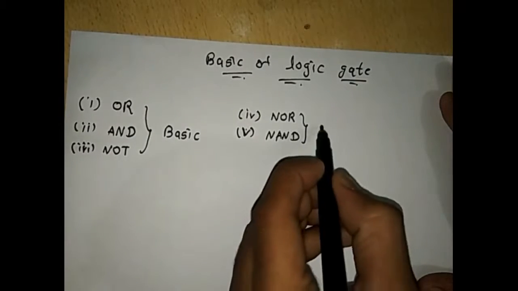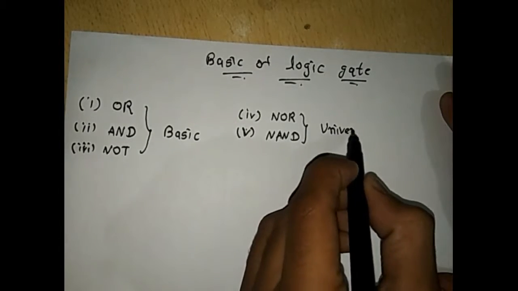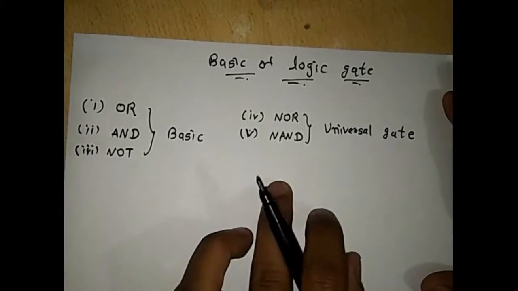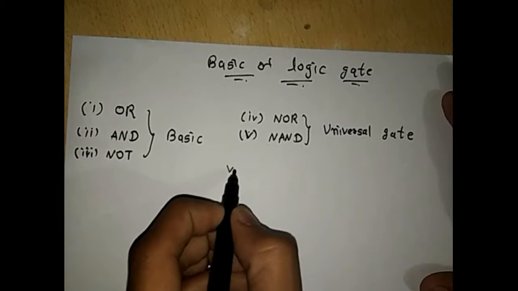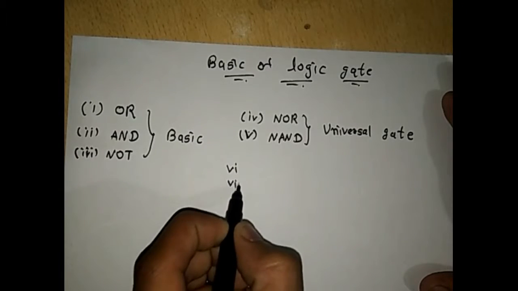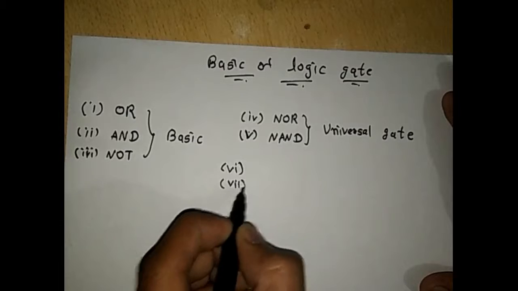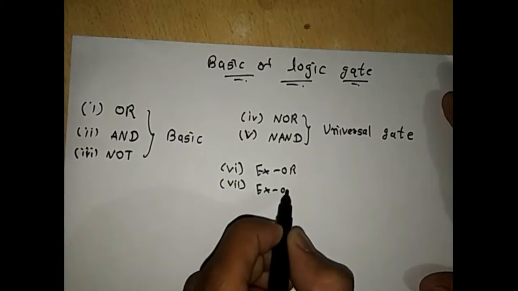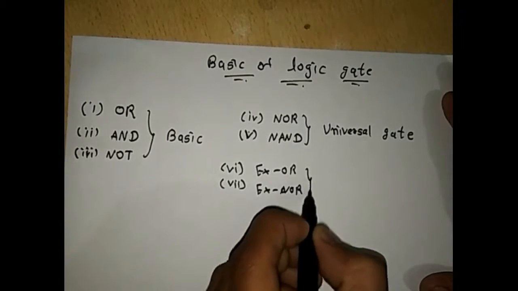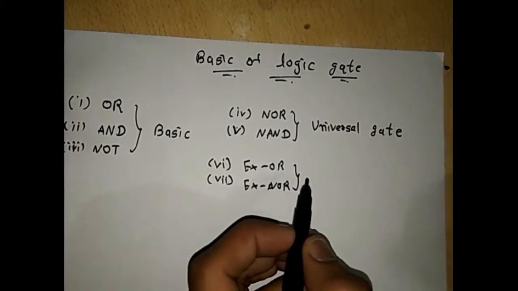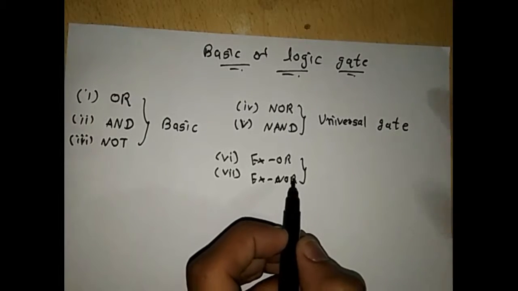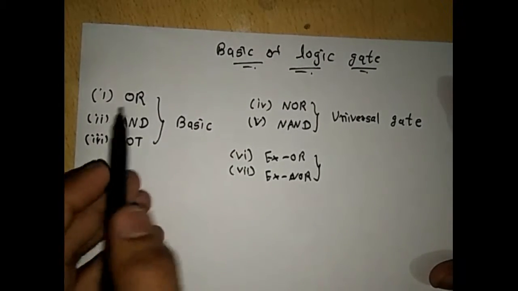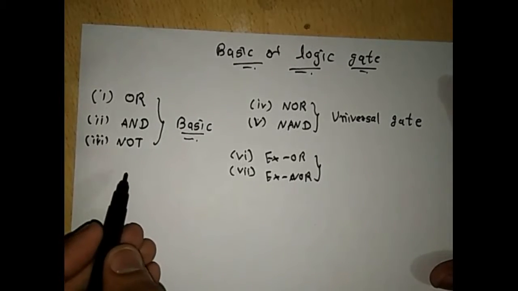This is our universal gate. Right friends? And the remaining sixth and seventh are XOR gate and XNOR gate. It's called the exclusive gate. Okay? So in this video we are going to discuss these basic gates.